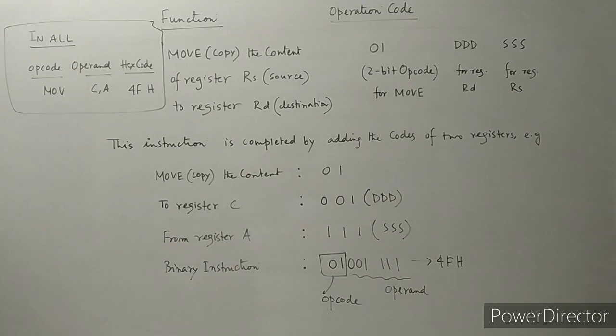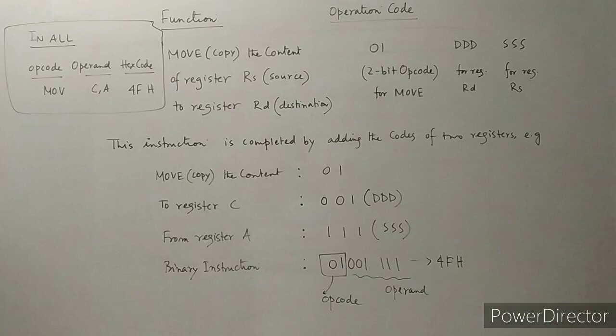Previously, we have taken two functions for two different operation codes. The first function was rotate each bit of the accumulator to the left by 1 position, and the second function was add the contents of a register to the accumulator.